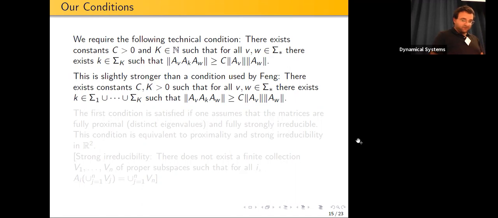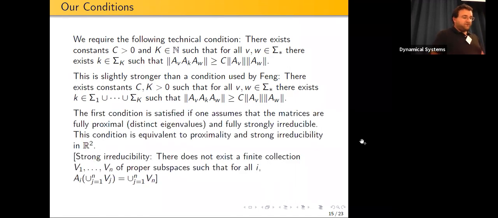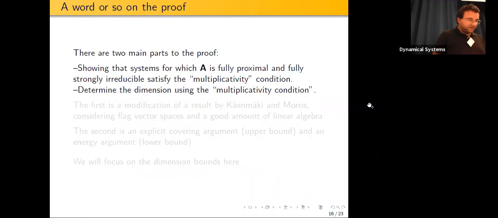Okay, and you get this condition if you assume this fully proximal, distinct eigenvalue, and fully strongly irreducible, a slightly stronger version of strongly irreducible, which I'm not going to go into because you need a lot of linear algebra to actually explain, but it essentially means that not just the strong irreducibility, but the same holds for all subsystems that you can have, not just for the system itself. Anyway, I'll gloss over that.